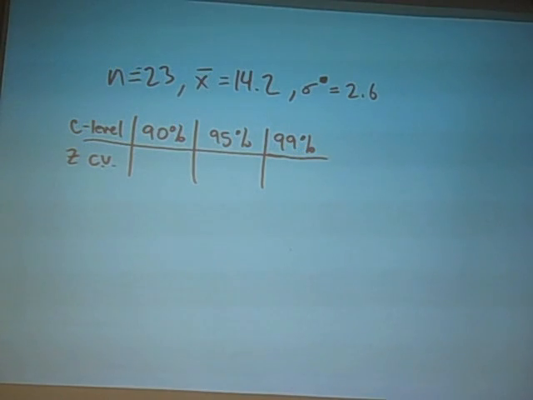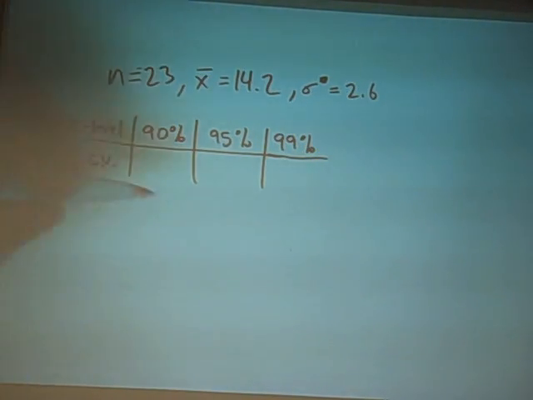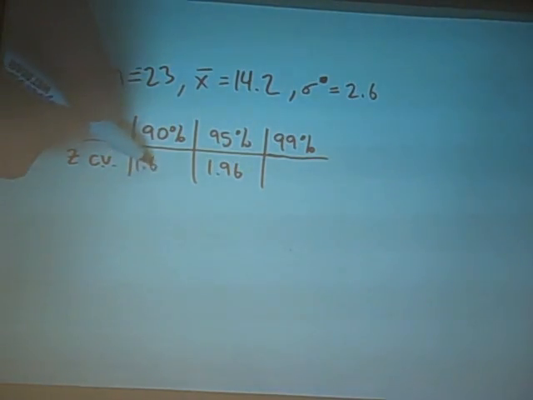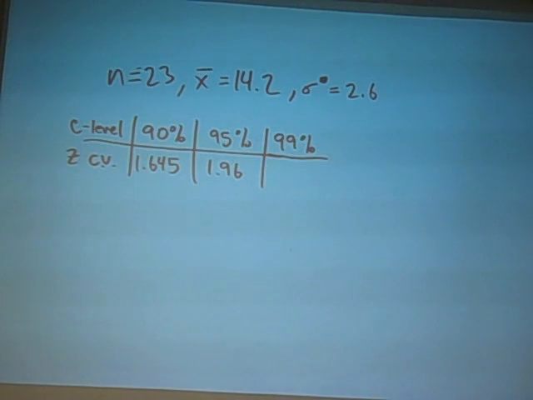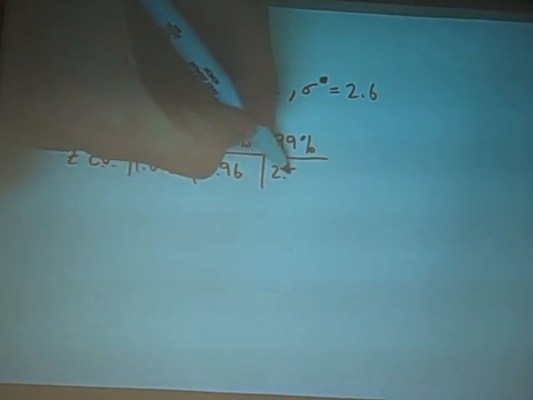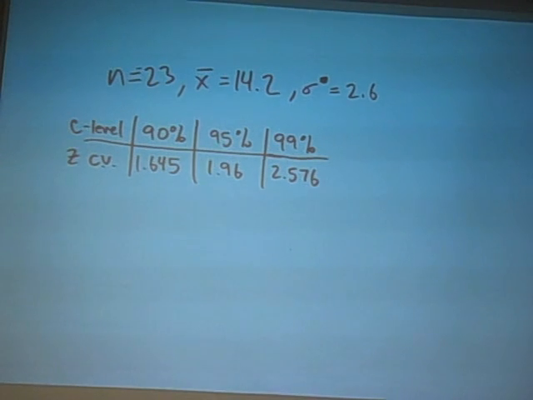What's the Z critical value associated with that? 1.96. 90%, we actually looked at that one too. Remember we said the middle 90% of the area was 1.645. And then for 99%, 2.576. So for right now, just write those down. Later on, they're going to be on a table that I'll pass out.